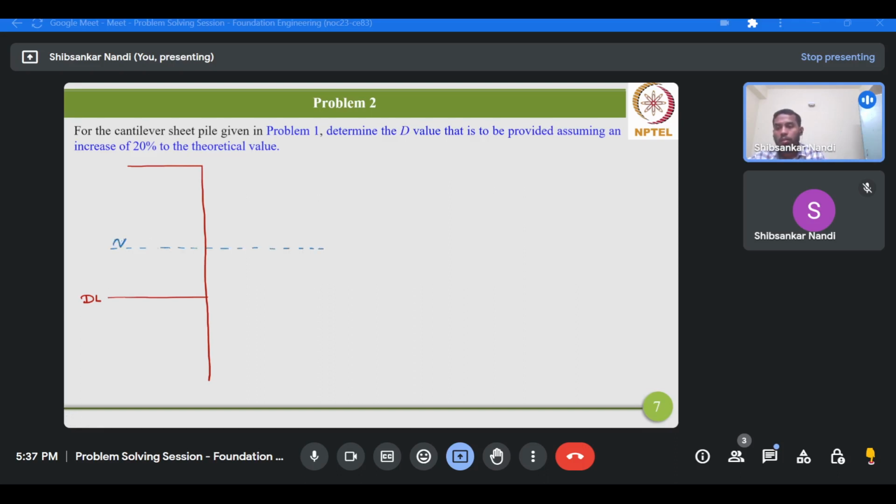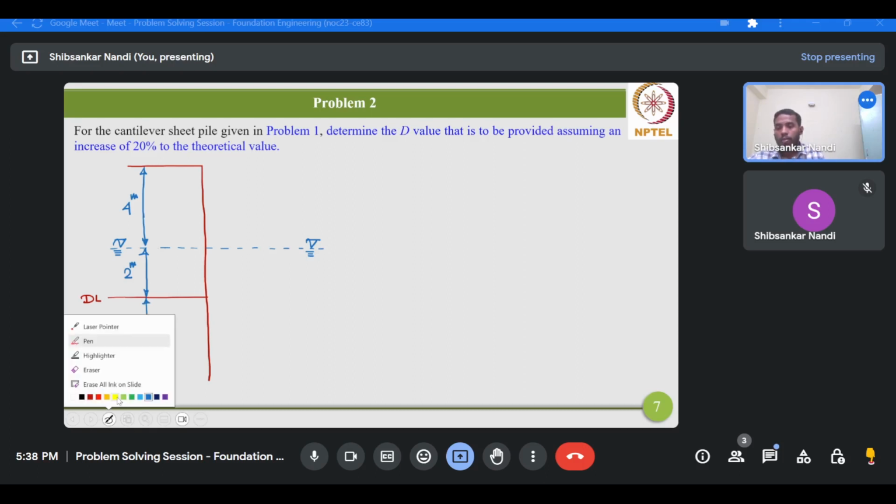So this is your water table location. This is 4 meters. This is your 2 meters. And this is D, and this D we will figure out.